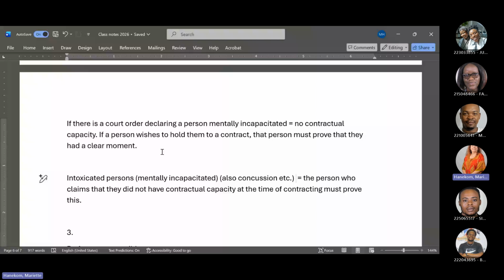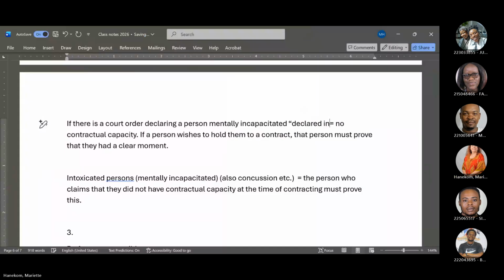Some study guides and textbooks use the terminology being declared insane. I don't actually like the terminology declared insane. It's a bit of an old-fashioned word.